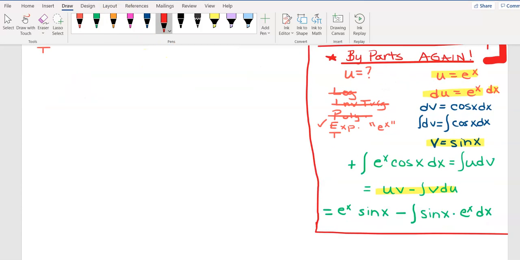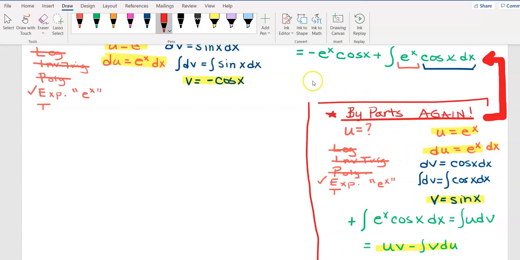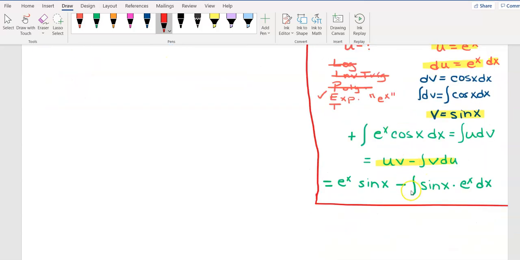Okay. What I did here is just cleaned it up a little bit. So I just kind of gave us a little space so that we can rewrite some things here. But I still just showed that we had to do by parts again on this integral, e to the x cosine dx. And I have all of the steps that we just went through.